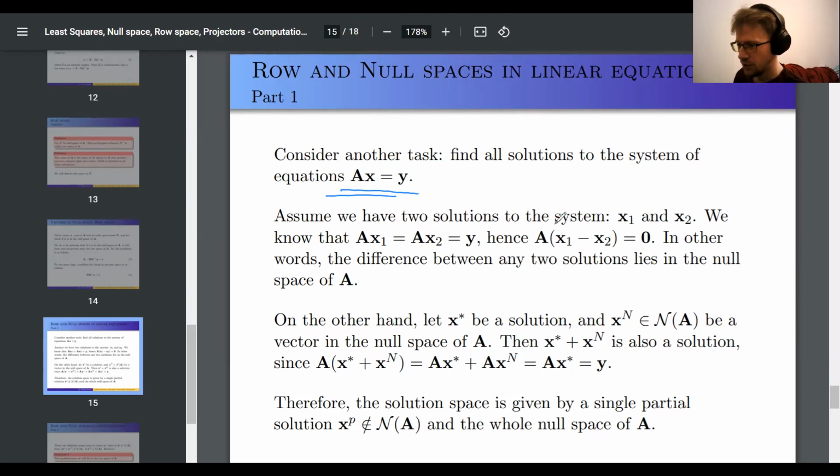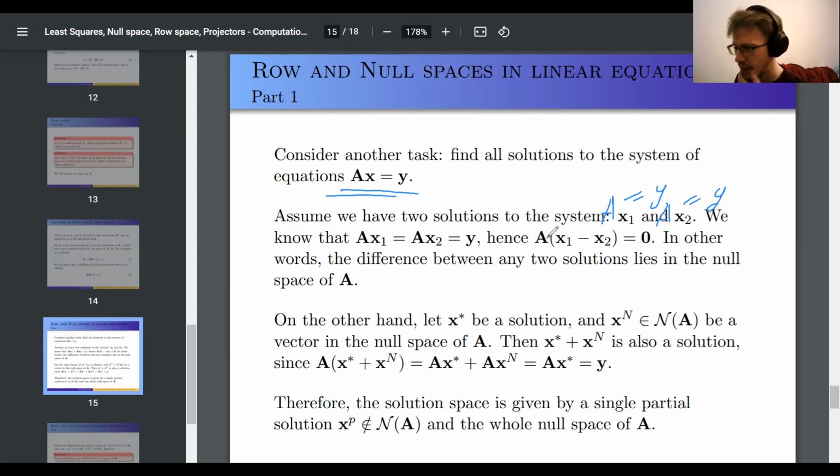So first of all, if we have two different solutions, x1 and x2, when you multiply them by A, both of them are equal to y, like here.